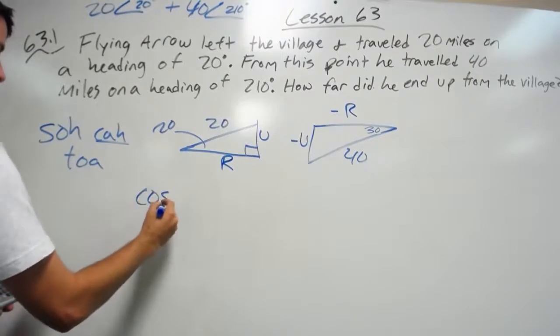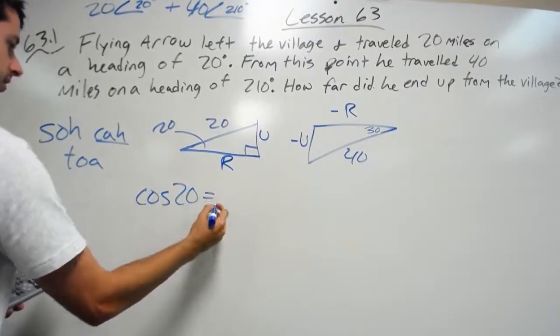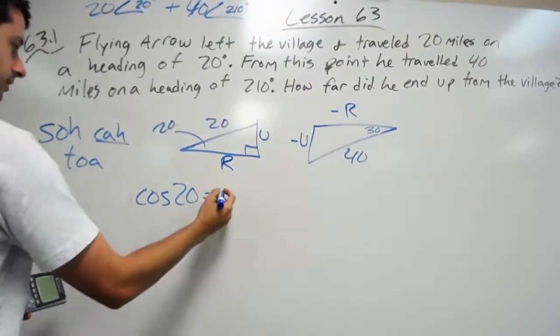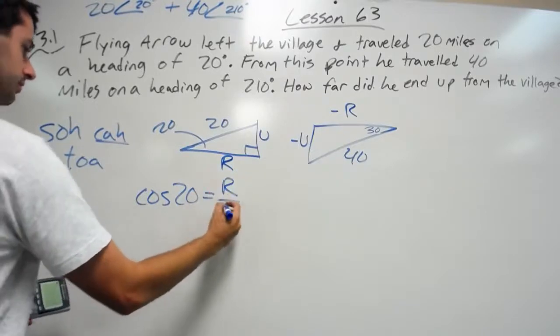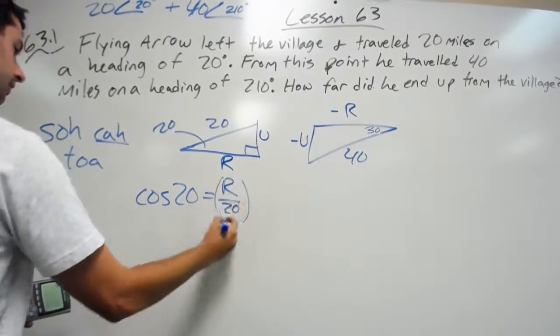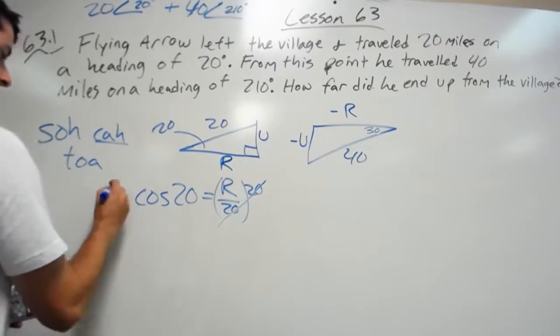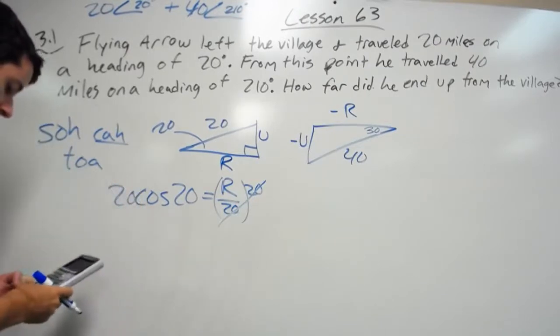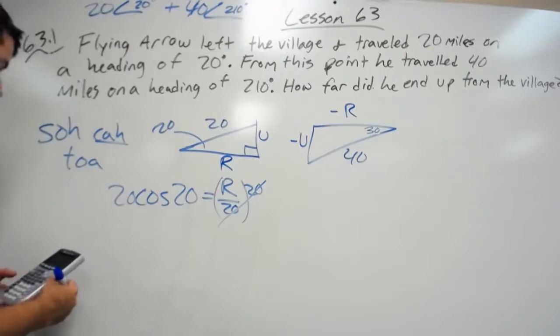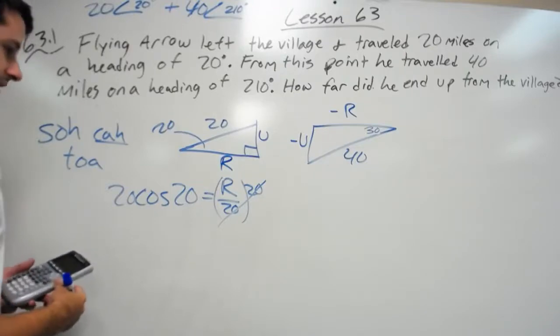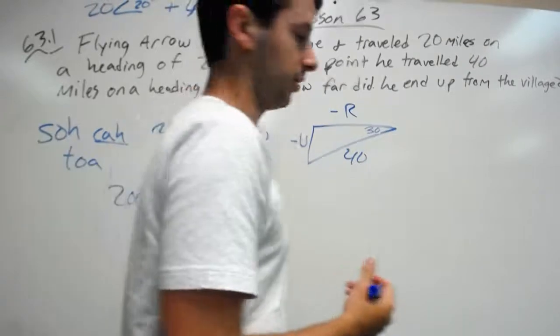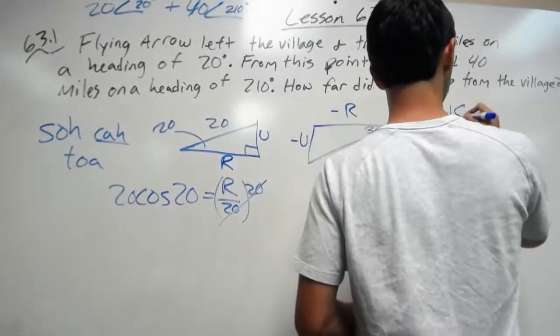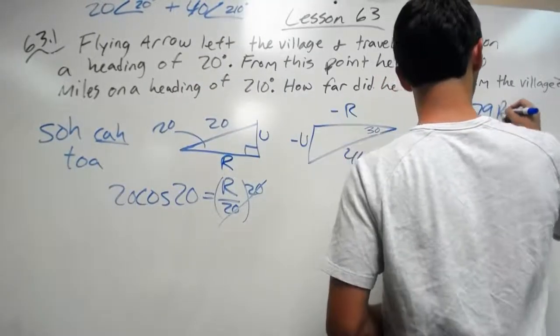Cosine of 20 equals adjacent r over hypotenuse 20. Isolate r, so we have 20 cosine 20, and that is 18.79. I'm going to put that all the way over here. 18.79 r.